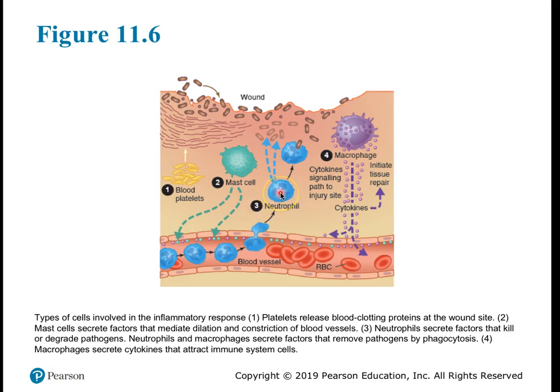And then these phagocytic neutrophils are going to do phagocytosis. A little bit later on, once the microbes in the damaged tissue are removed, macrophages will move into the area and they're going to release a number of chemicals that will start the wound healing process.